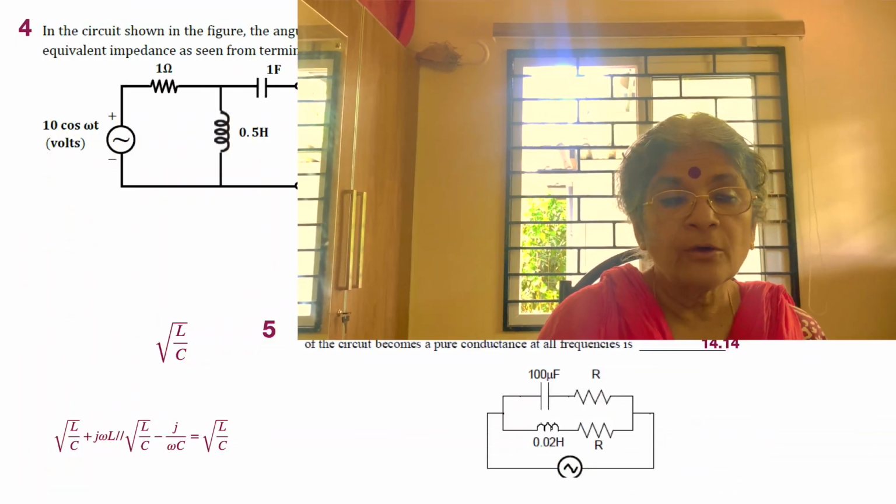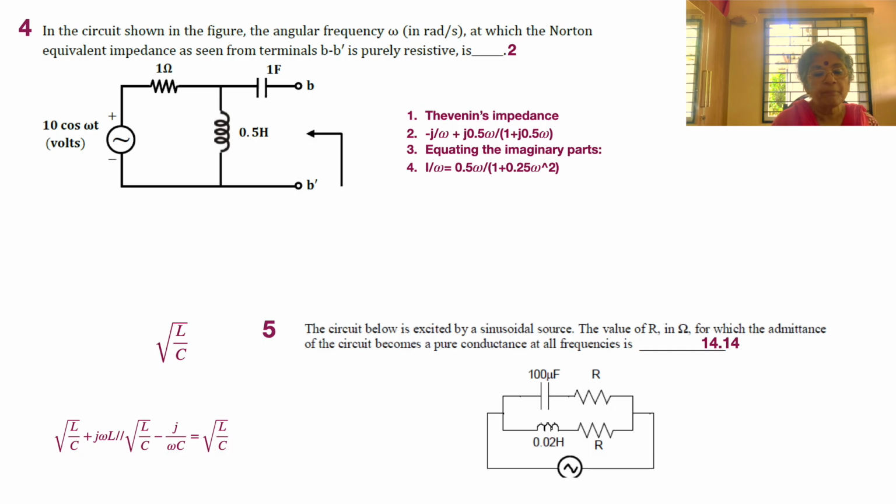The third point is that the total impedance will be given by what is called the characteristic impedance, equal to square root of L by C. Once you have such a situation, the whole circuit will be given by the characteristic impedance root L by C. So just take L divided by the value of capacitance, and then take its square root. It comes to 14.14.